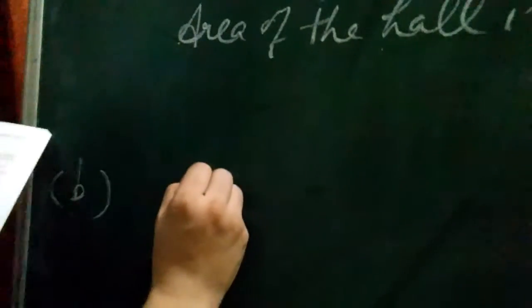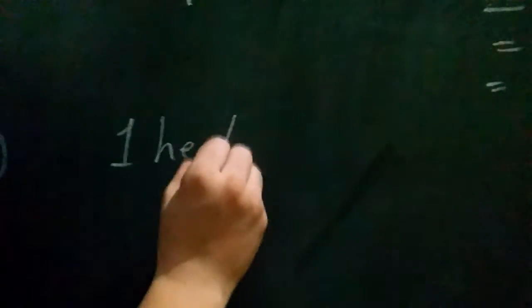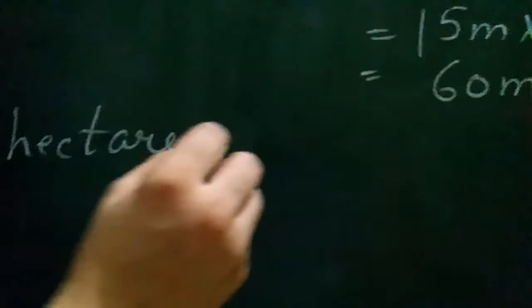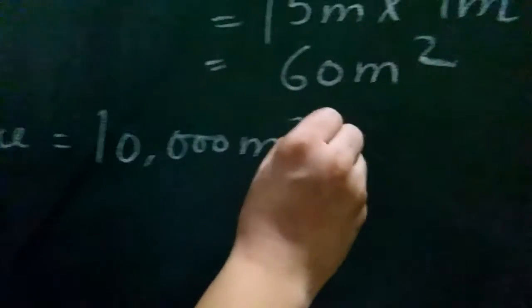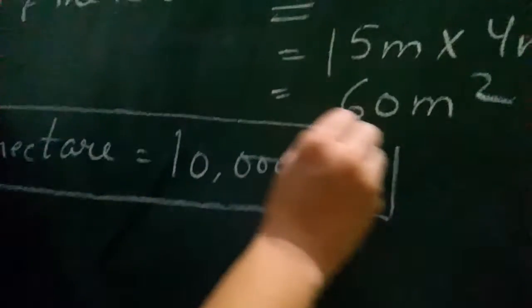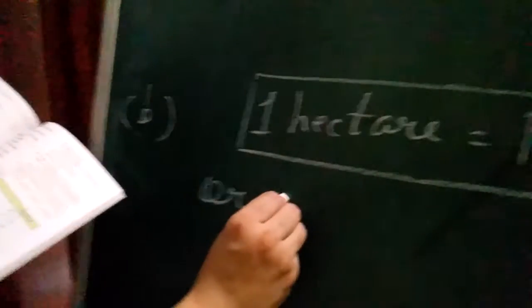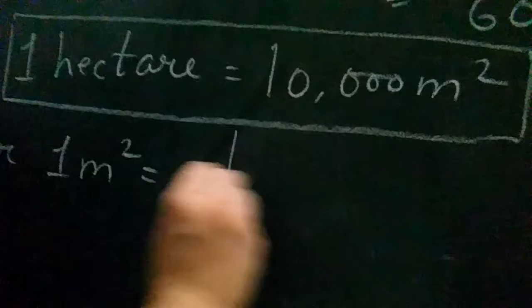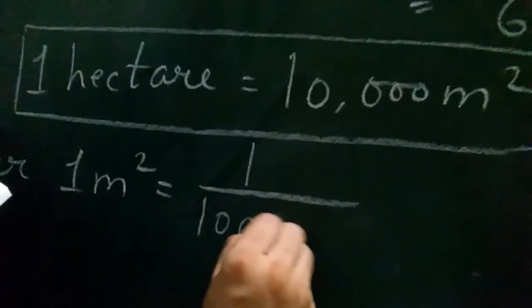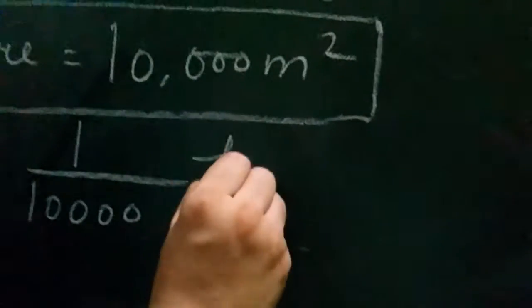Now you have to find the area of the hall in hectares. Here 1 hectare is equal to 10,000 meter square, or 1 meter square is equal to 1 upon 10,000 hectare.